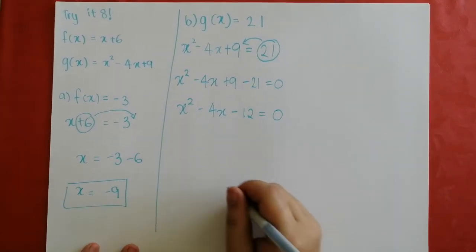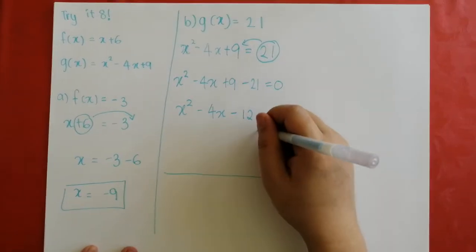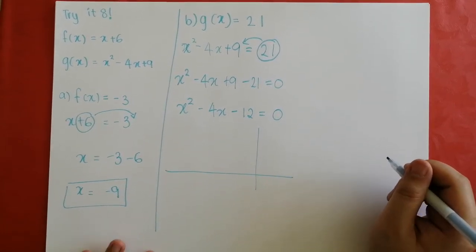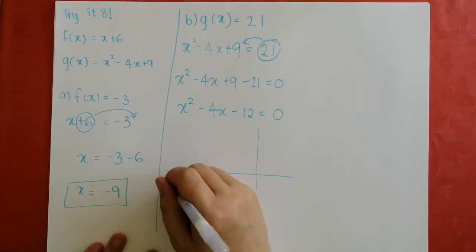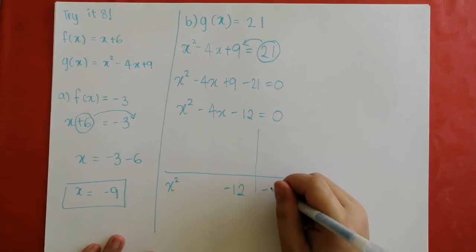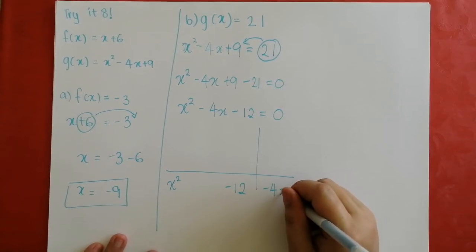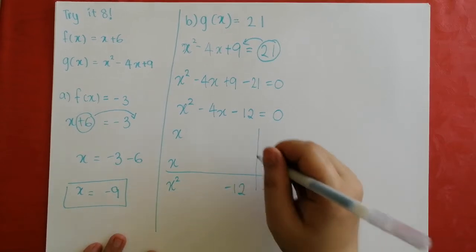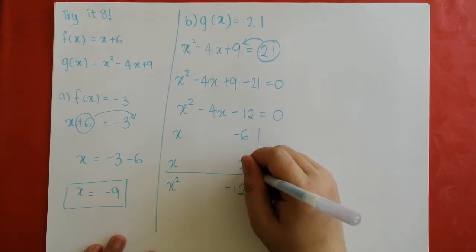From here, if you remember, at the beginning of the year we factorized quadratics using the trial and error method. So first column is x squared, second column is negative 12, third column is negative 4x. Factors of x squared will be x times x. Factors of negative 12 will be negative 6 times 2.